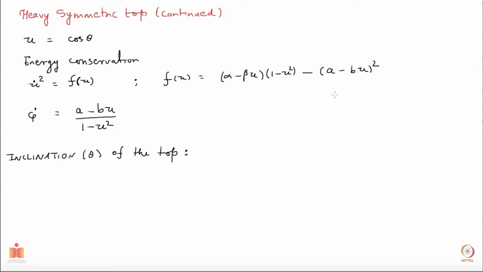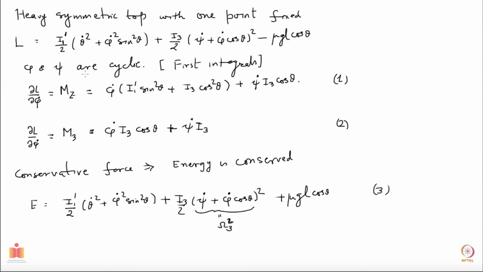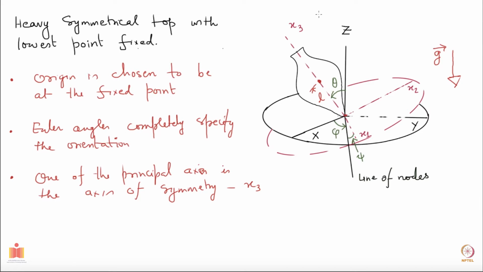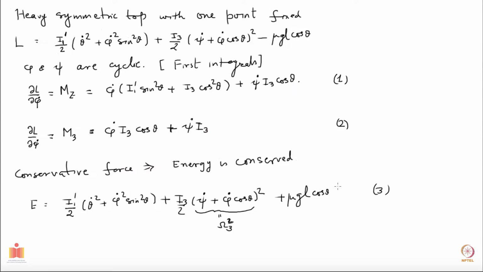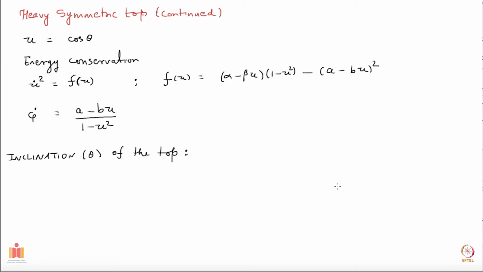So let's see. First of all, the physical motion will happen in the range -1 to 1, because cos theta can take values here. Let's go back. Theta could be 0 or theta could be pi. Okay, so it happens between u equal to 1 and -1. So that's what let's write down.